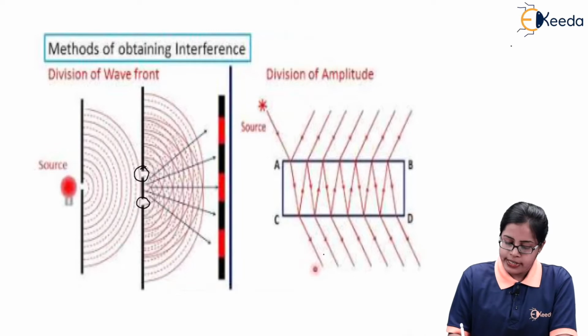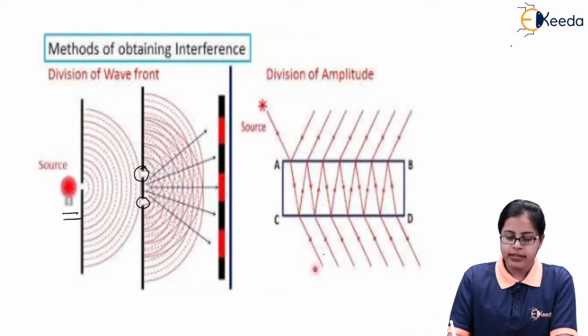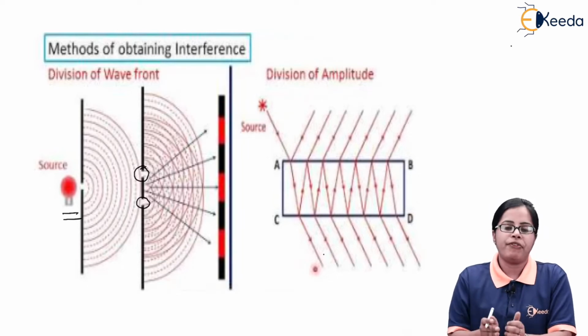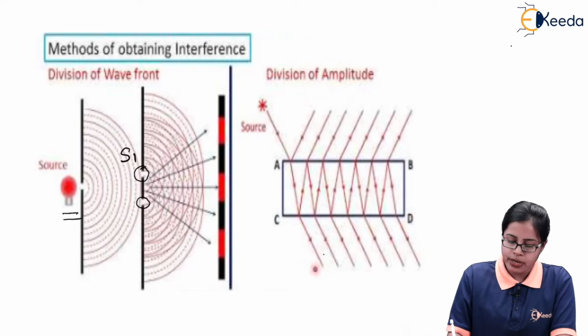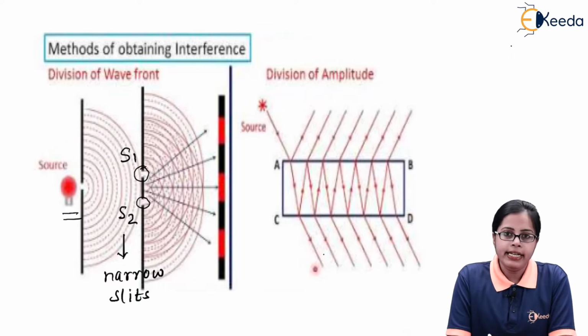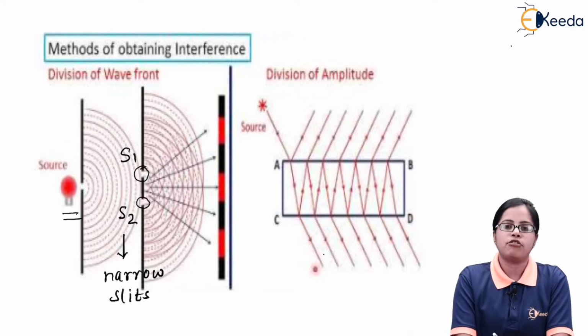As you can see in the diagram, we have the main source S, and I'm dividing that source S into two wavefronts with the help of S1 and S2. And this S1 and S2 behave as narrow slits, placed after the main source of light.